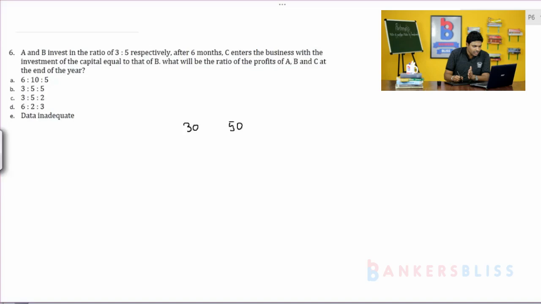I am taking 30 and 50. Very simple, 30 and 50. C is also investing the amount invested by B, but only for 6 months. These two people are investing for 12 months.